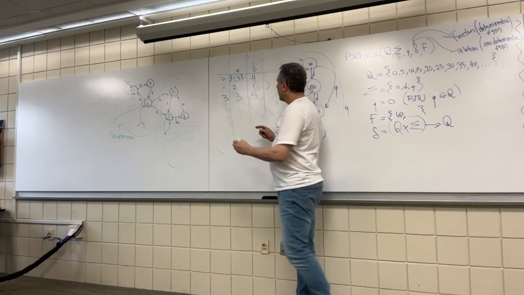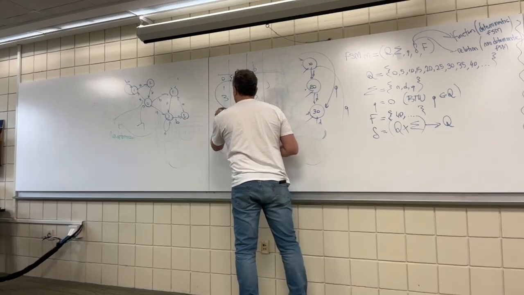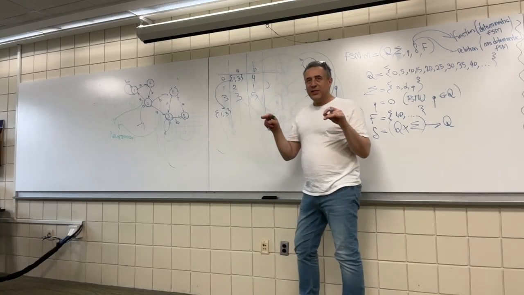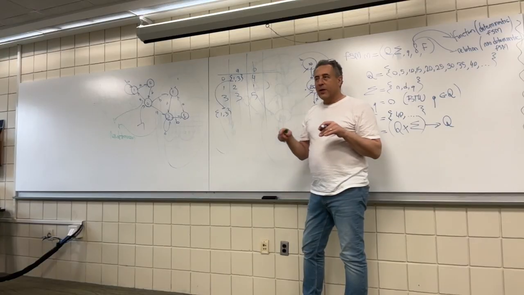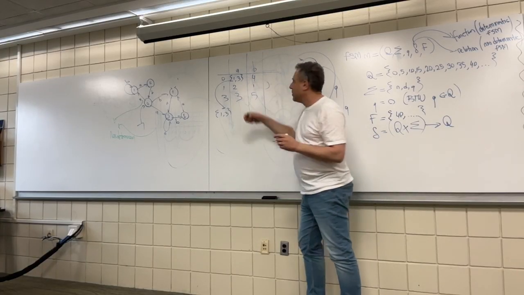Check this out. Now I can actually address this one. If I'm at this so-called made-up state of 1, 3, the places that it goes will be the union of the 1 and the 3 rows.